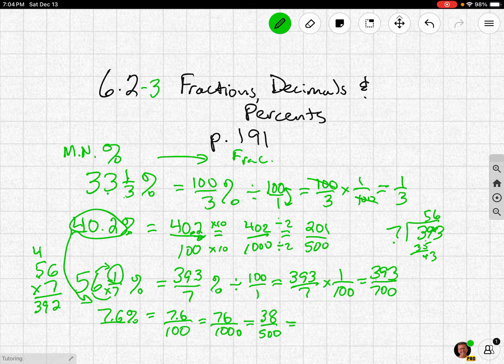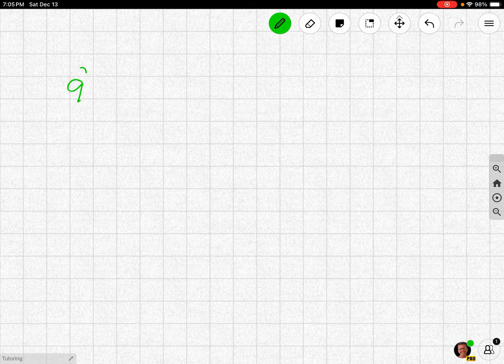Can I simplify that again? Yeah, I can find half of 38, which is 19, and half of 500, which is 250, and so that would be my final answer. And if that's still giving you trouble, maybe go back and watch it again before you try numbers 9 and 10. But do 9 and 10, pause the video, and here is how you do number 9.